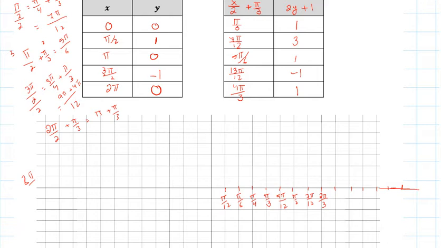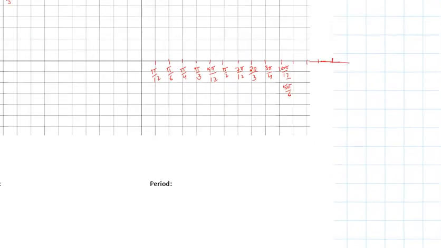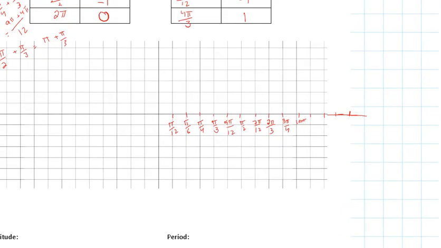9 pi over 12, so I can divide both by 3, so that's 3 pi over 4. 10 pi over 12, we can reduce later if we want, so that's going to be 5 pi over 6. And then 11 pi over 12, 12 pi over 12, so that's pi, 13 pi over 12, 14 pi over 12.